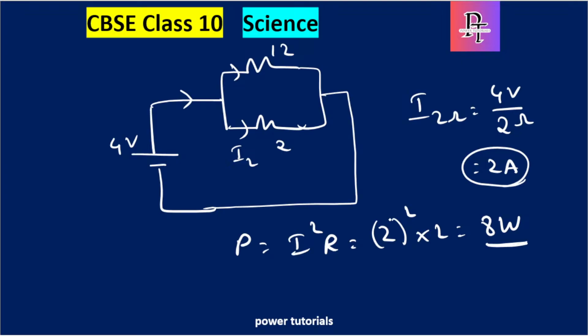Okay, but still if you want to use other formulas, how to apply them in those cases? In this case V square by R also will give the same answer. V square by R, because the voltage across the 2 ohms I know, which is 4.